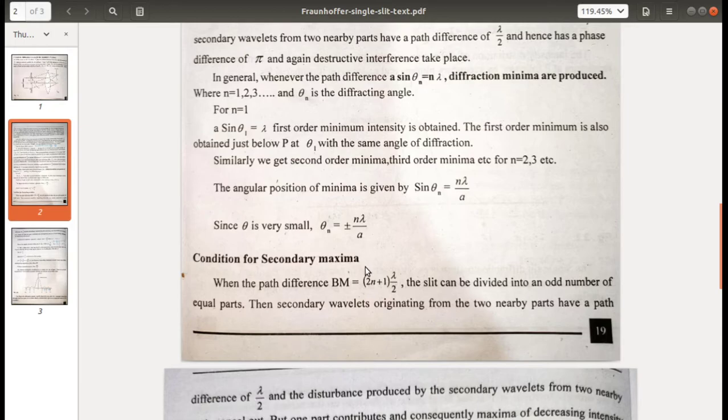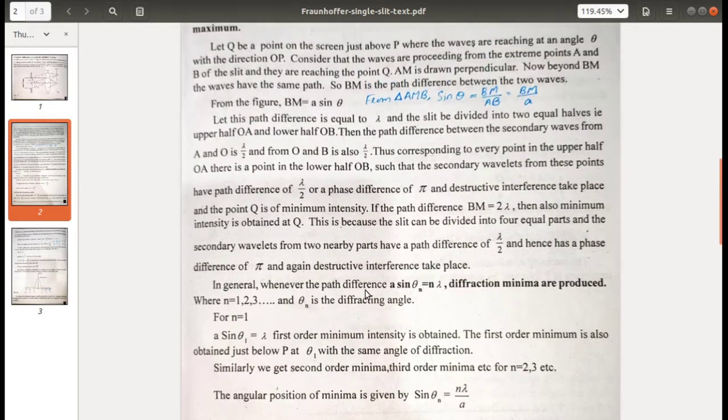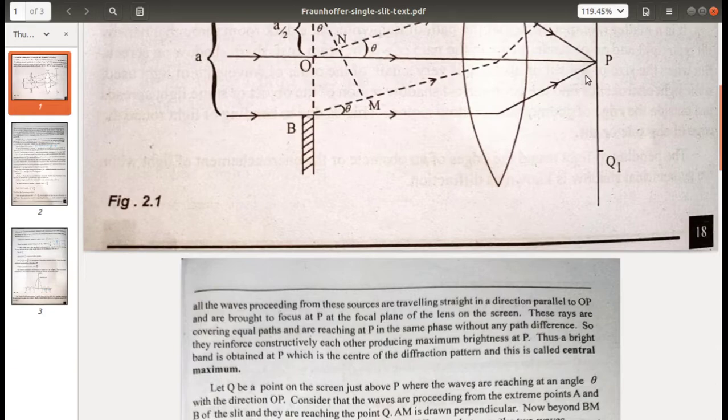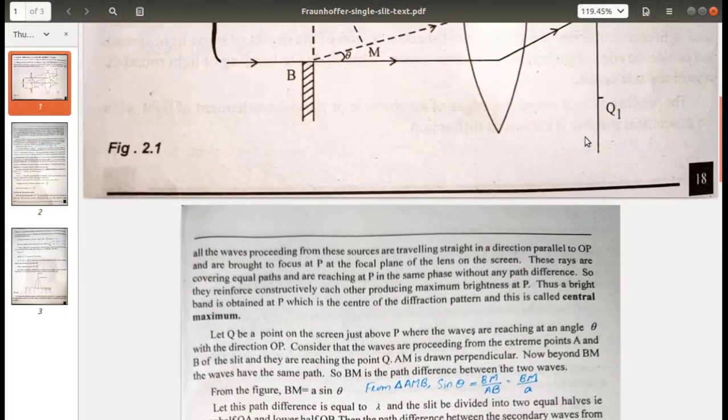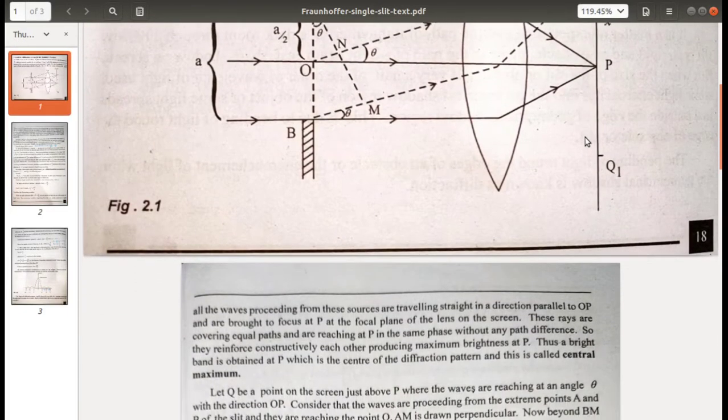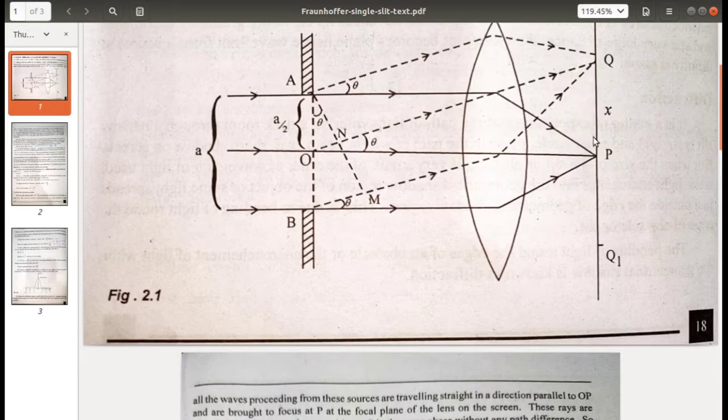So we will get minima above and below P. That is why there is the plus or minus sign. For n equal to 1 it is called the first order minima, and n equal to 2 is called the second order minima, etc.